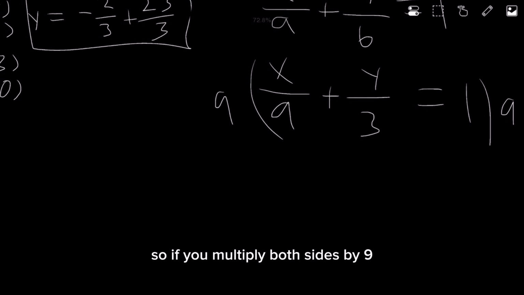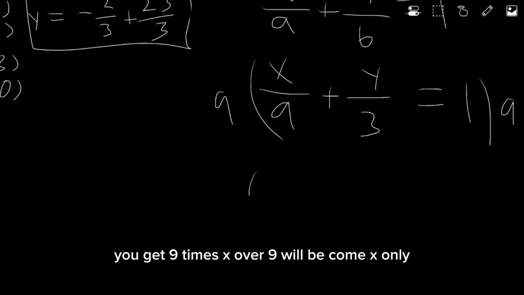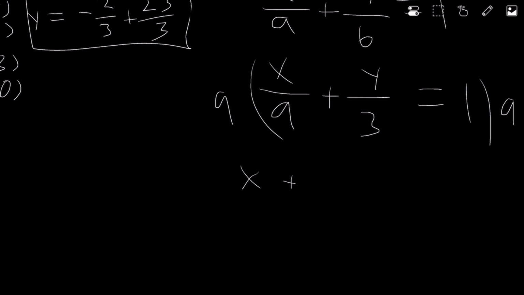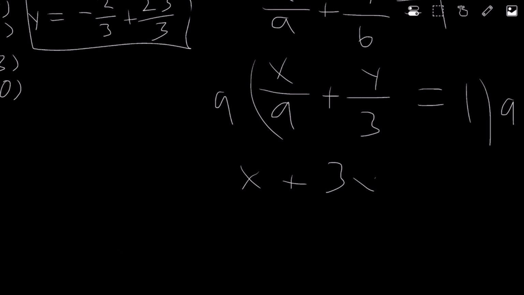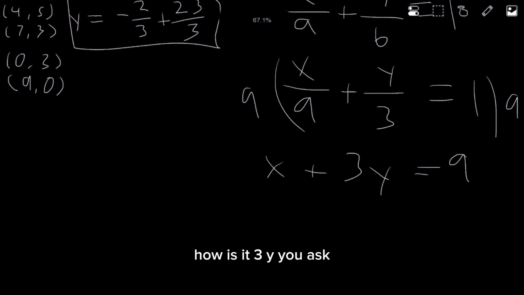So if you multiply both sides by 9, you get 9 times x over 9 will become x only. And then 9 times y over 3 will become 3y. How is it 3y, you ask?